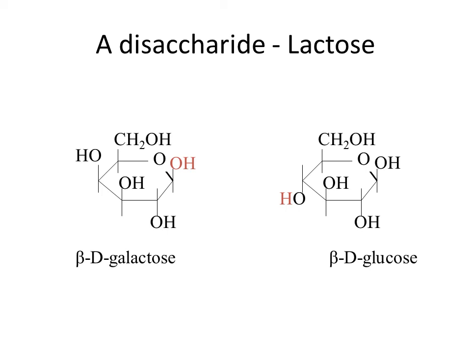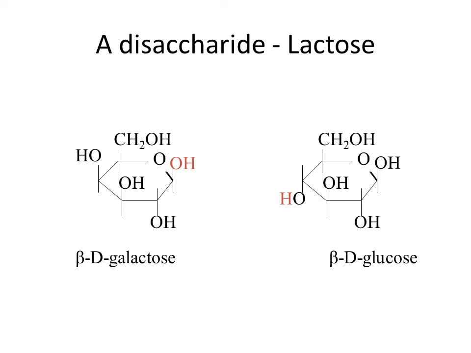But that beta glucose hydroxyl, the hydroxyl group that makes it beta, where it's up, isn't going to participate in this linkage. What we're concerned about is the hydroxyl group that is beta on the galactose and the hydroxyl group that would basically be on the number 4 carbon in the glucose. We're concerned about those two groups because that's where the linkage is going to occur.